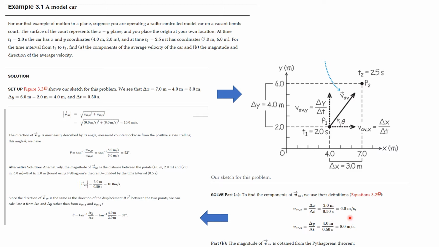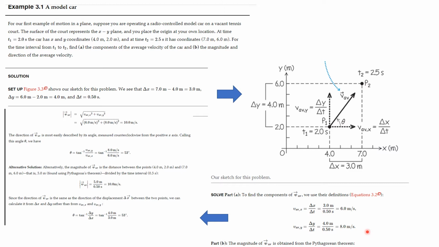You do the arithmetic and you get 6 meters per second in the x direction. Now in the y direction, the change in y, you go from 2 to 6, which is 4, and that is over a 1/2 second, so that is 8. So you're moving 6 in the x direction and 8 in the y direction.